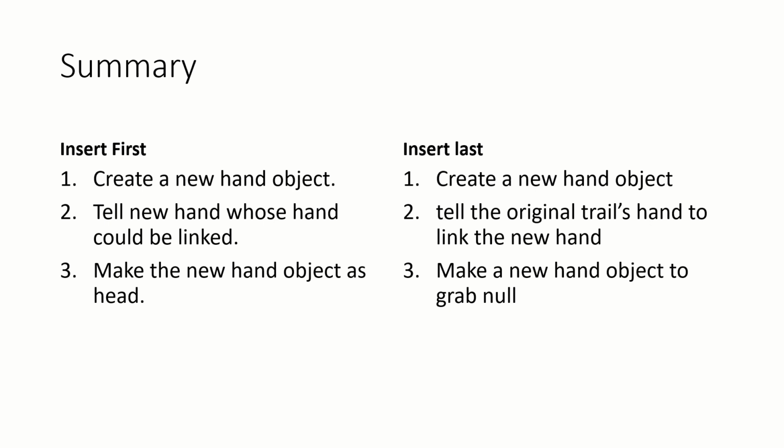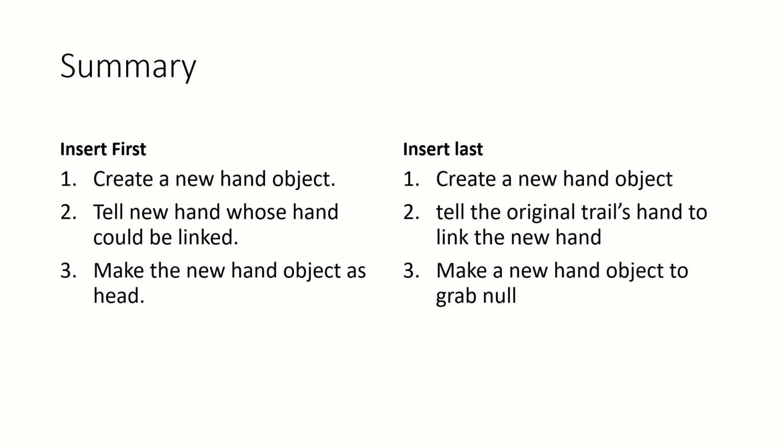If we only do the insert first, the first step, we need to create a new hand object, right? The second step, make this new hand know who would be next, right? Then this new hand knows it will be the head, right?